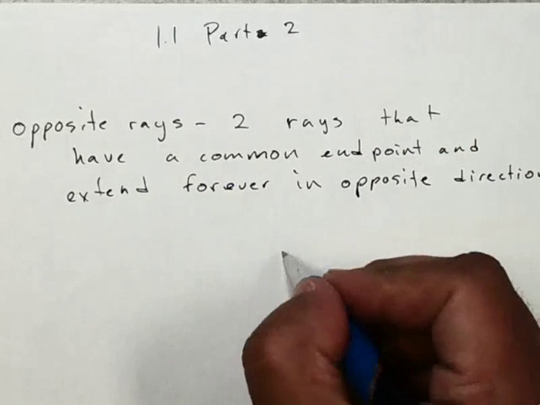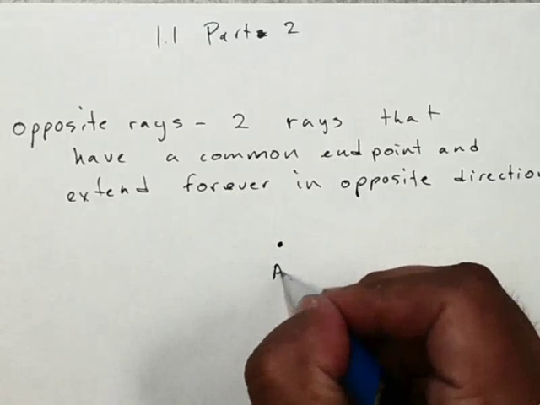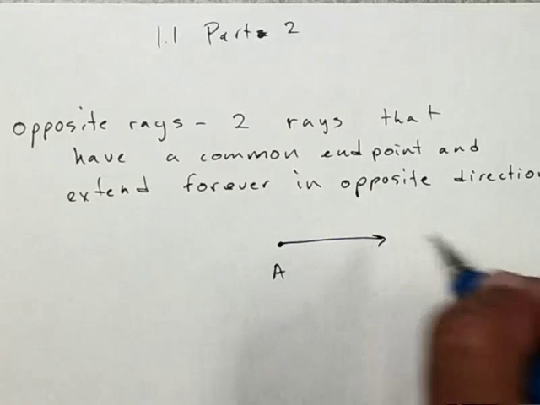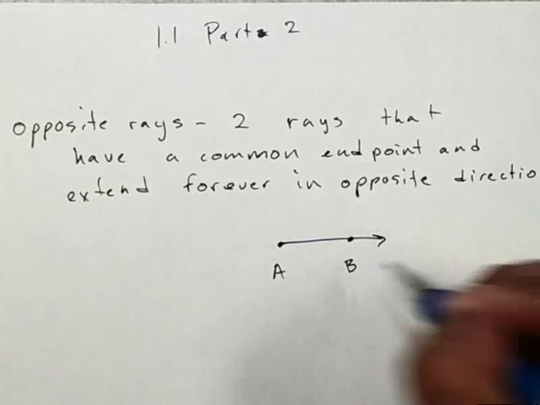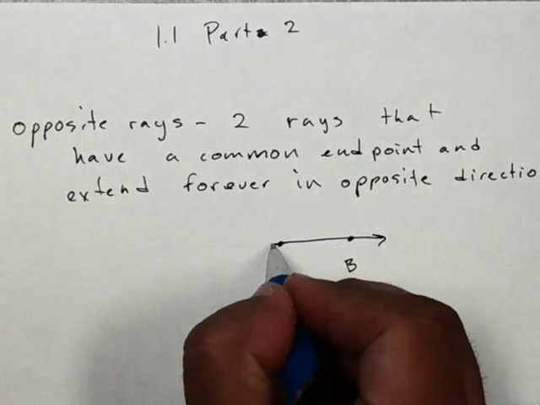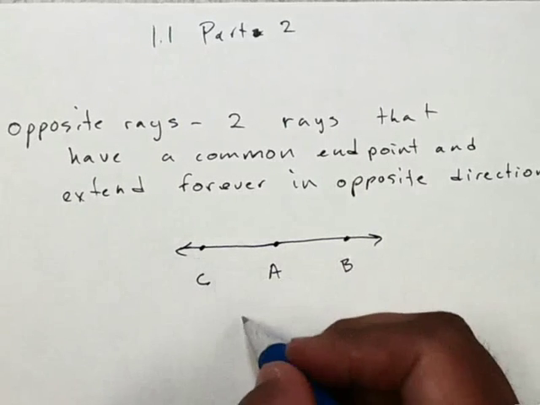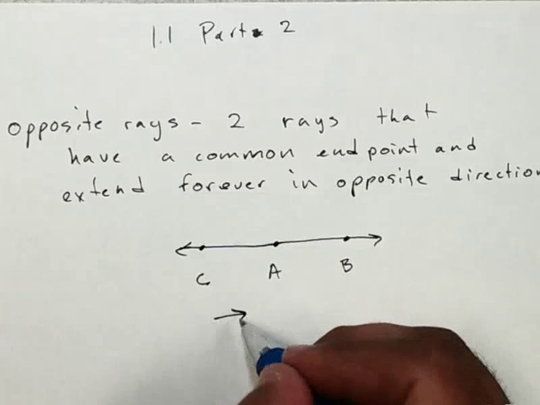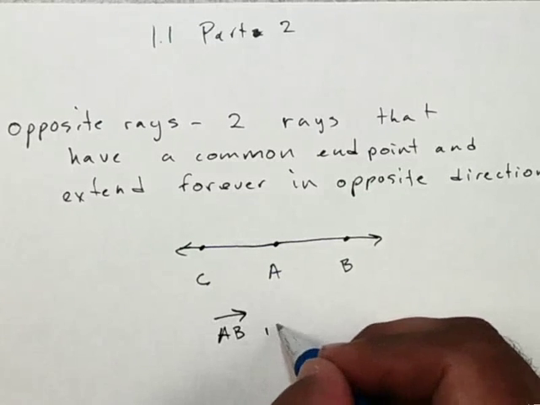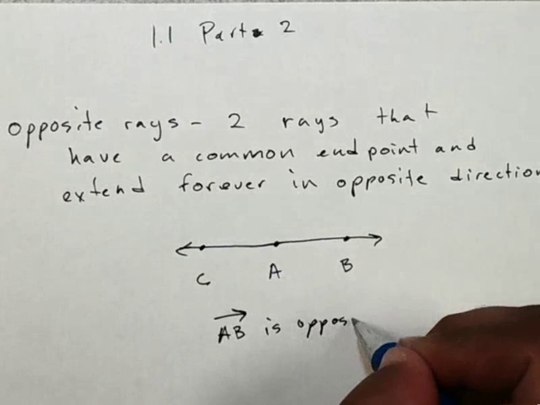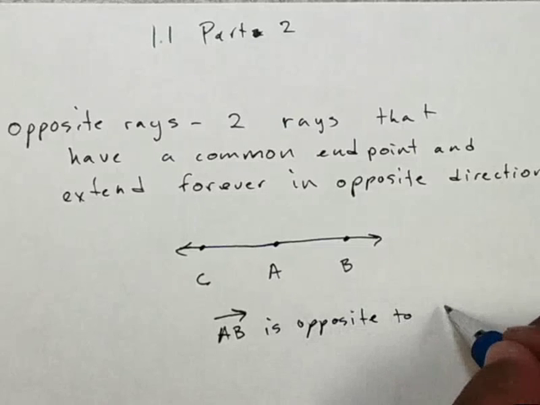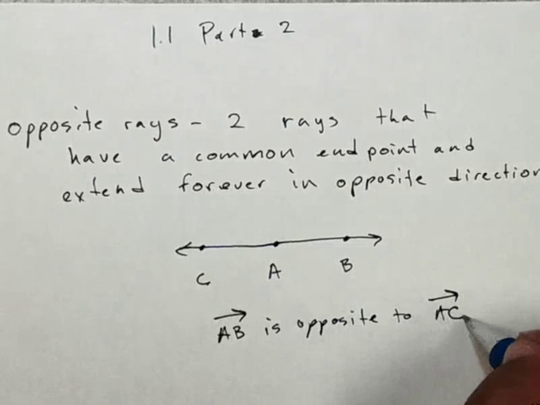Okay, so let's say we have a point, we'll call it A, and so I have a ray going towards the right. So this would be ray AB, and then if I have another ray going to the left, and we'll just put a C there, so I would say ray AB is opposite to ray AC.